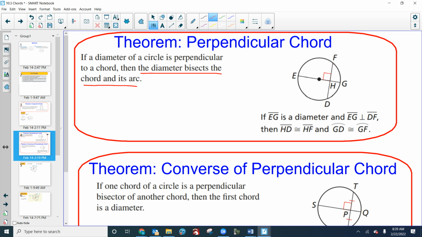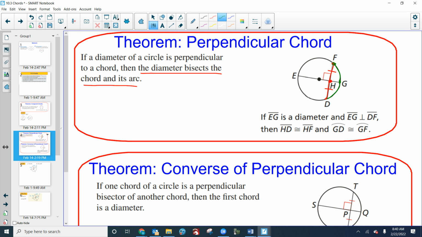So here's the chord. H must be the midpoint, right? Just cut that chord in half. And it created two congruent arcs. The green arcs are also congruent. And the converse of that is also true.